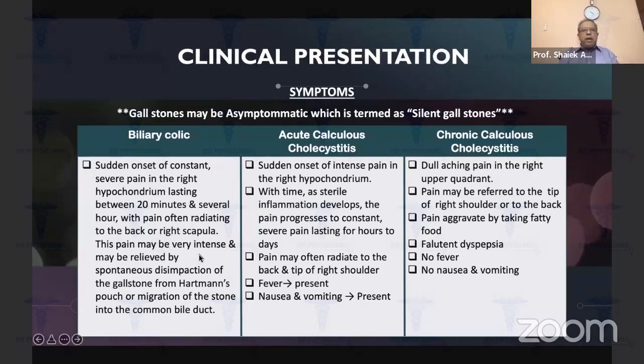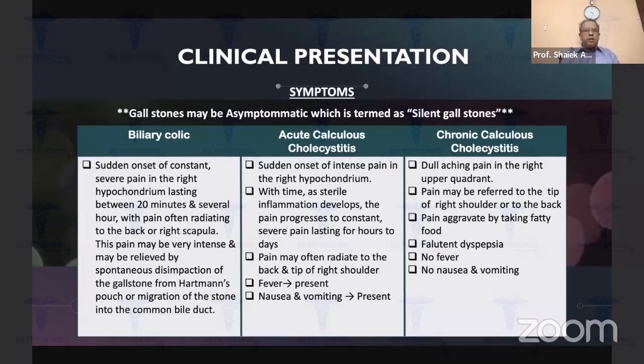This pain may be very intense and may be relieved by spontaneous disimpaction of the gallstone from Hartmann's pouch, or migration of the stones into the common bile duct. This is a very important point: the patient has severe pain in the right upper abdomen and suddenly becomes relieved. That commonly indicates the impacted stone has dislodged back into the gallbladder lumen.